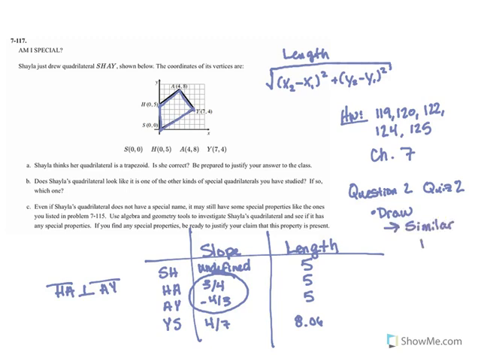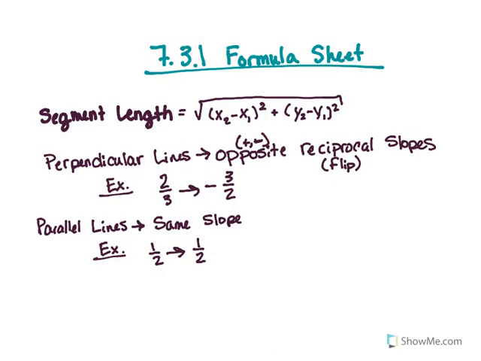You're going to have to use similar triangles. So if you get to the homework and you don't know how to do that similar triangle problem, make sure you ask me questions, because you're going to have to use one of those concepts on the quiz.